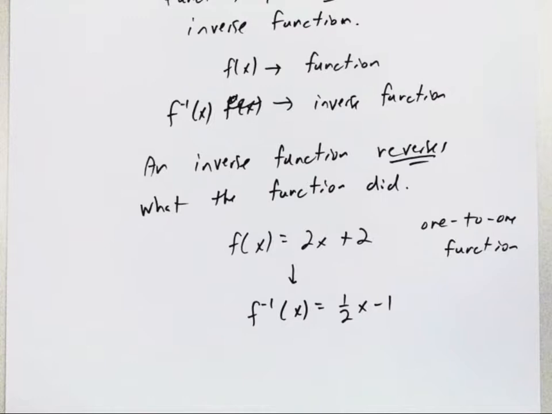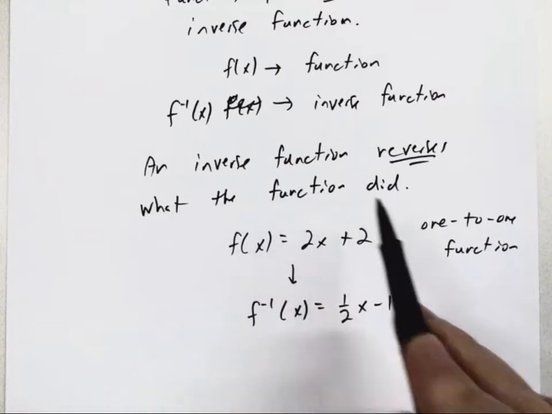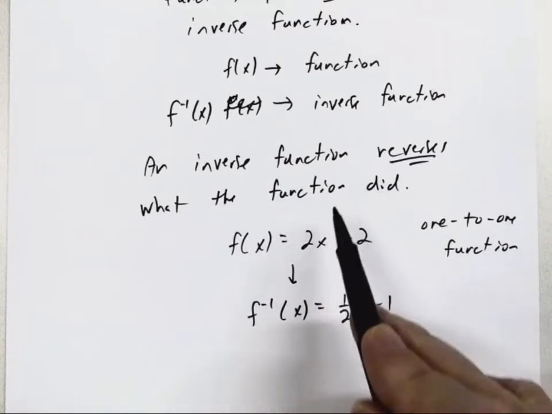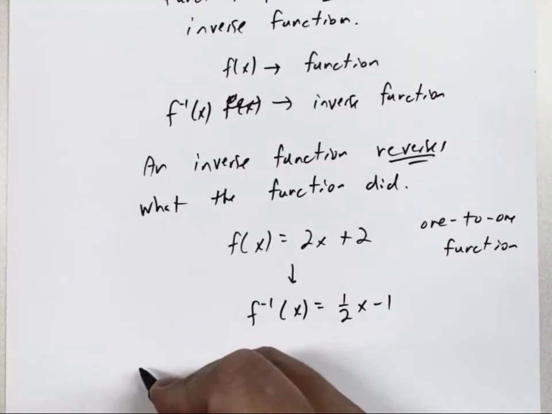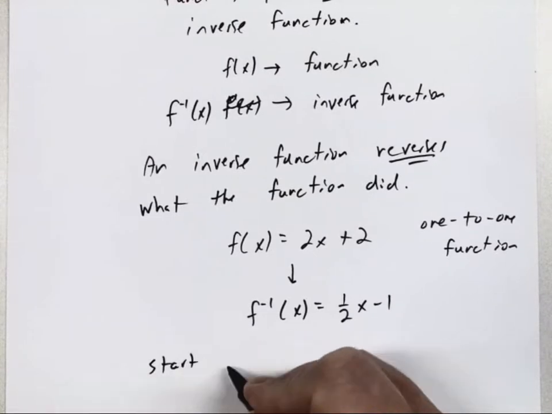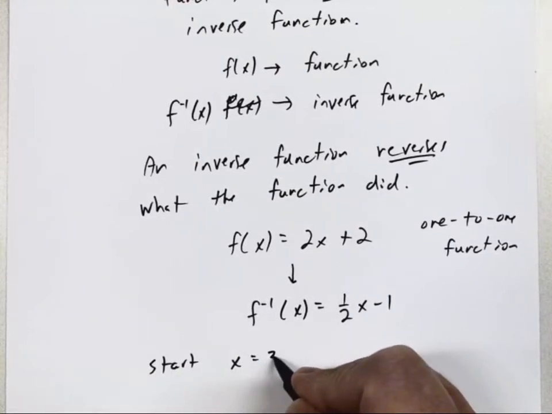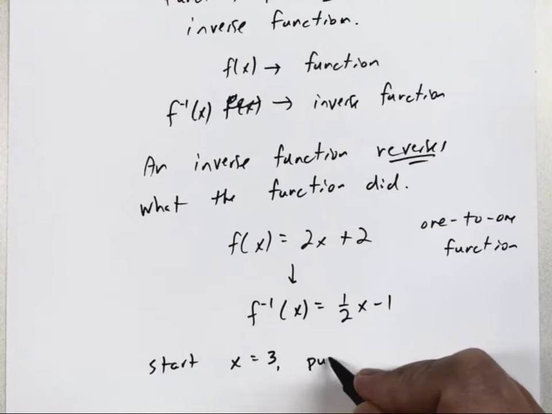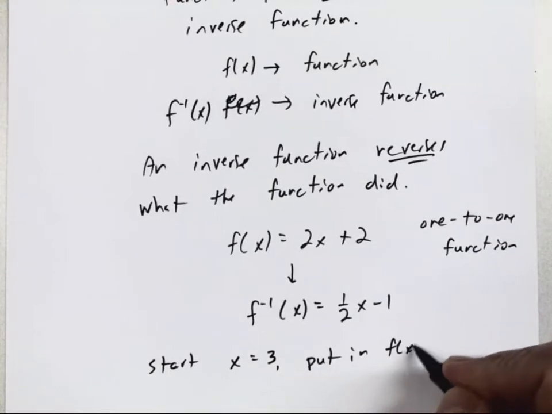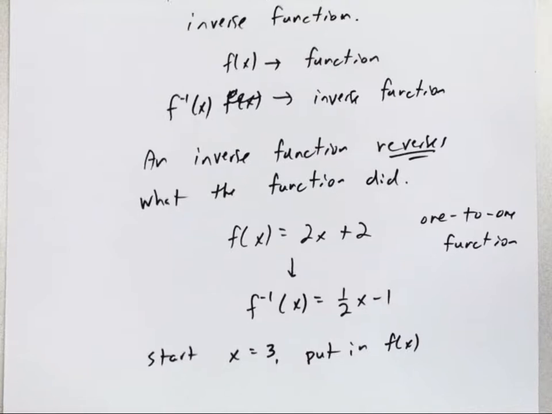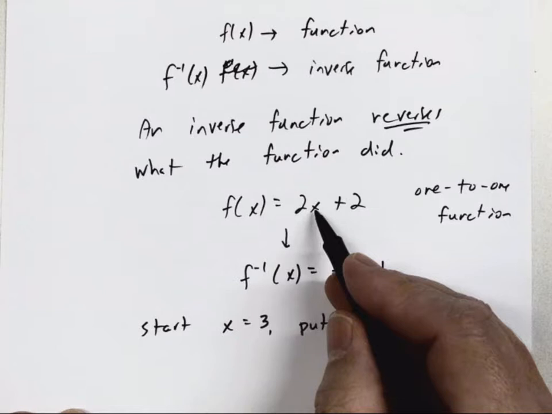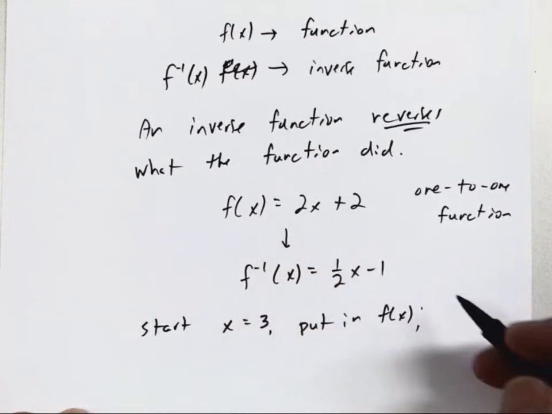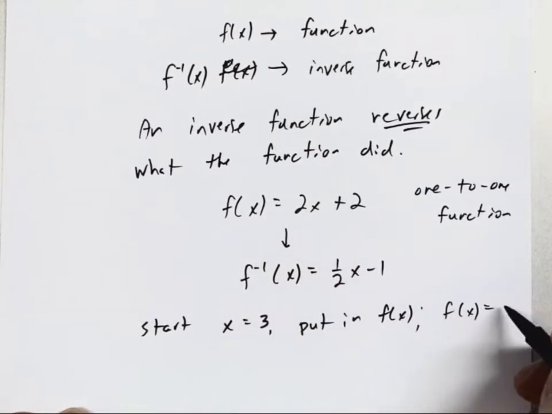But here's what I want to show you. I want to show you an example of how the inverse function reverses what the function did. In other words, let's start with x equals 3, and we're going to put it in the function. When you put 3 in for x, that's 6 plus 2. f of x equals 8.